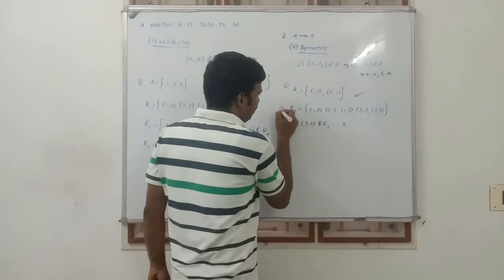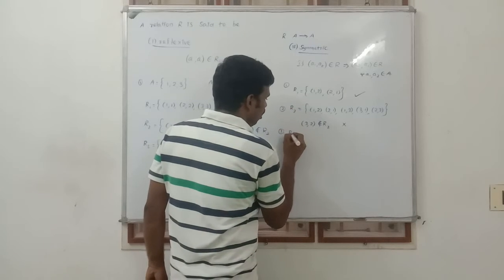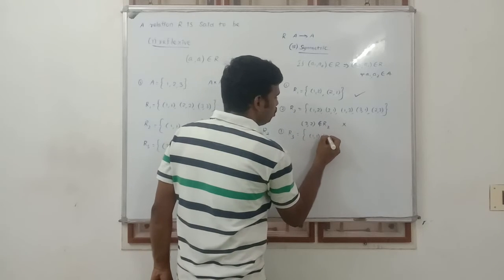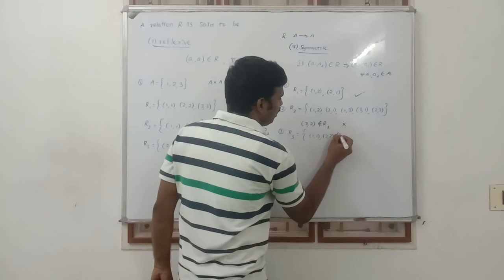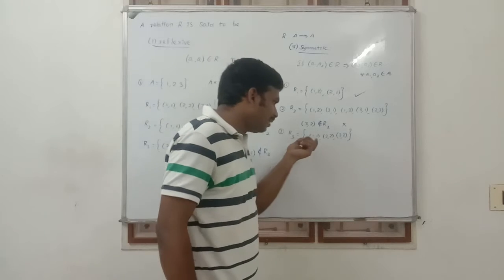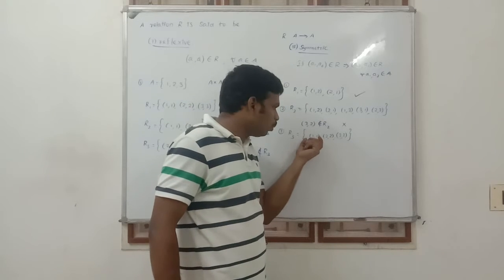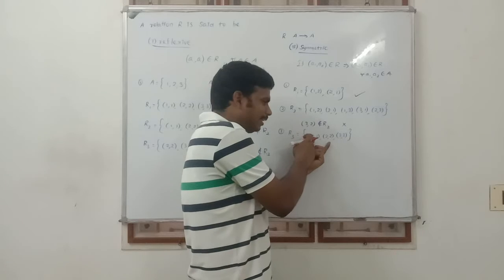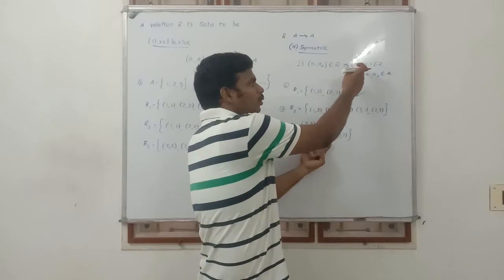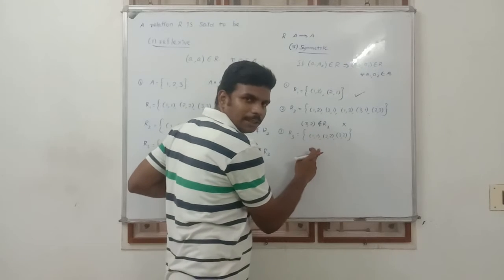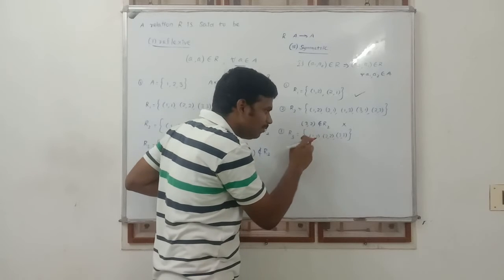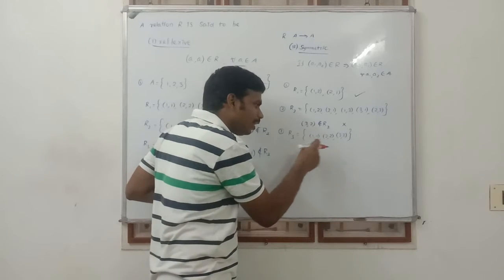The last example is R3 equal to {(1, 1), (2, 2), (3, 3)}. Suppose we take the first element (1, 1). Here a1 is equal to 1 and a2 is equal to 1. If (a1, a2) belongs to R, there must be (a2, a1). Interchanging the elements, we again get (1, 1), which is also in the set.